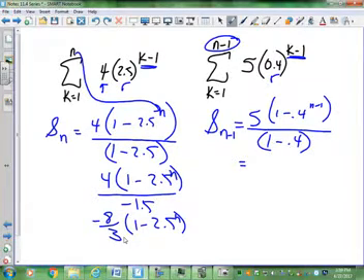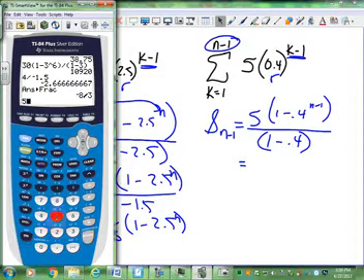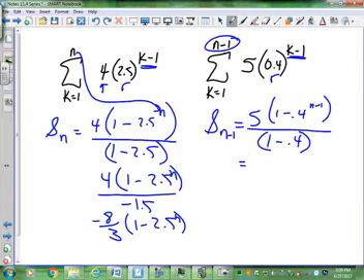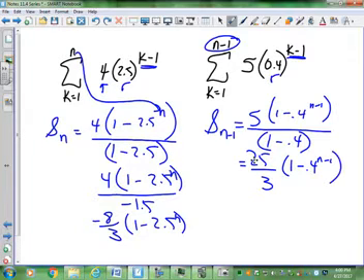You could do that all at one time: 5 divided by parentheses 1 minus 0.4, math frac, and get 25 over 3. And then you can just put the parentheses beside it or on top, either way. And that'll be your sum.